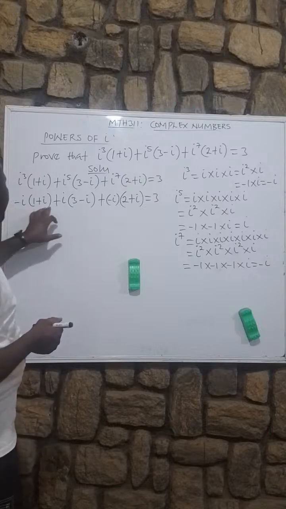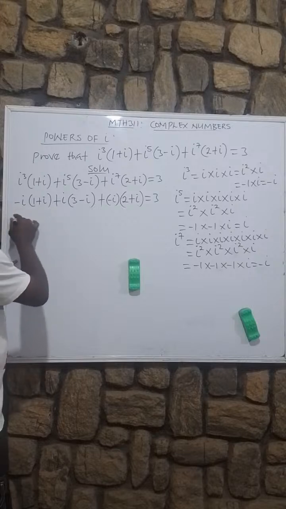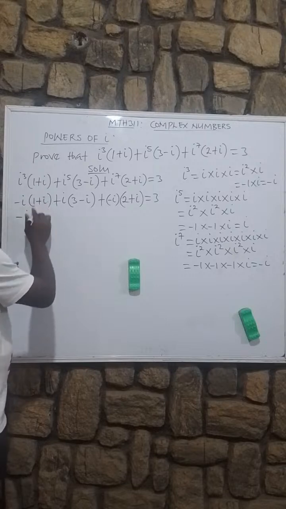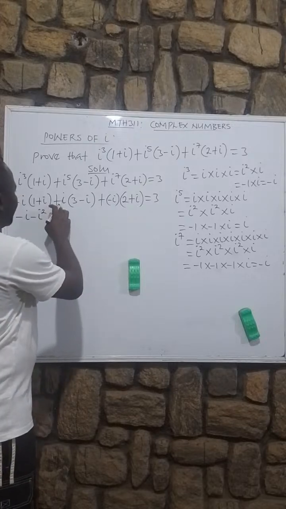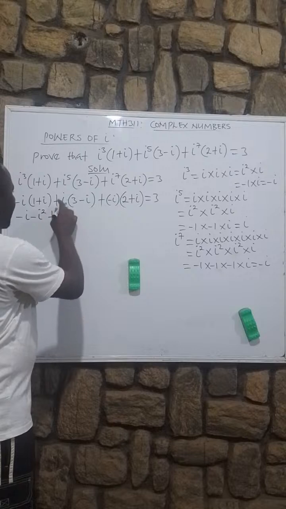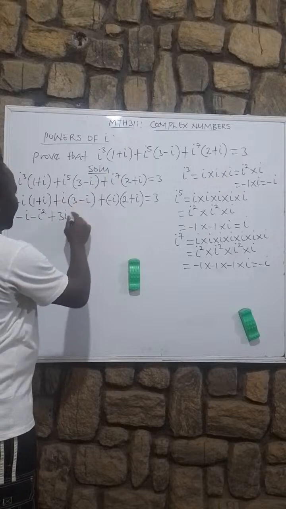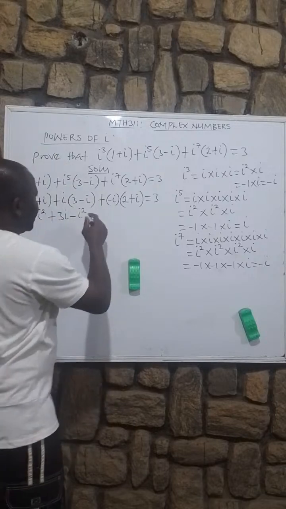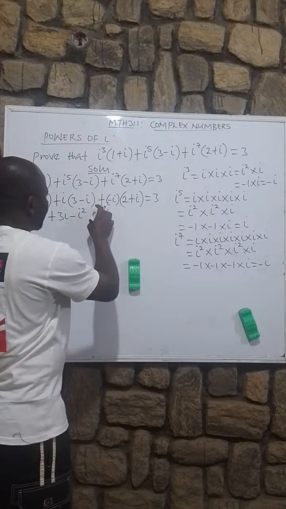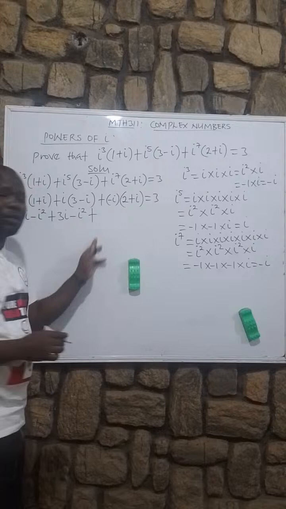So let us open this bracket. -i times 1 is -i, -i times plus i is -i squared. True or false? What do we have here? Plus i times 3i, then plus i times -i squared. Then plus times minus, okay, let's do it this way, still keep the plus sign.